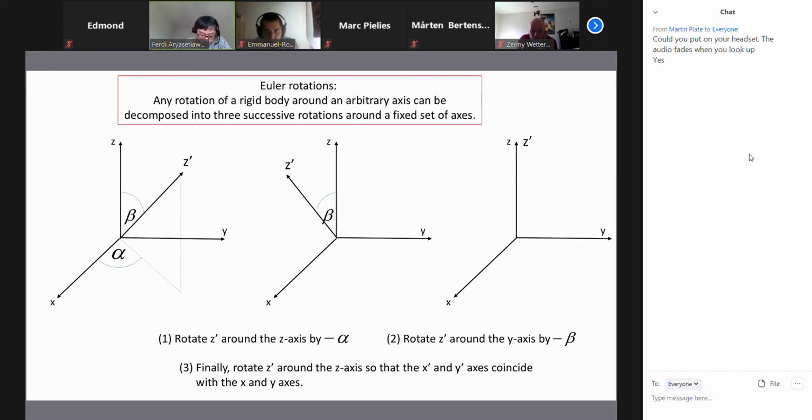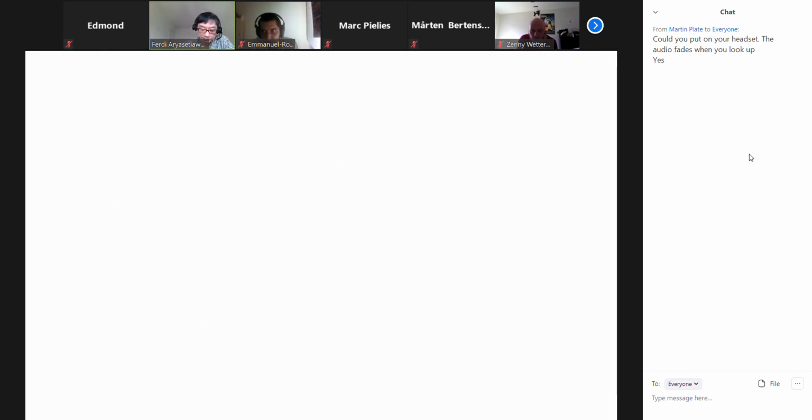Euler's theorem says that any rotation of a rigid body can be decomposed or rewritten into 3 successive rotations about some fixed axes.